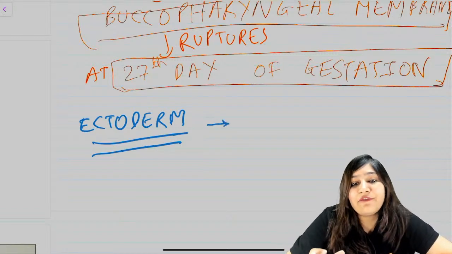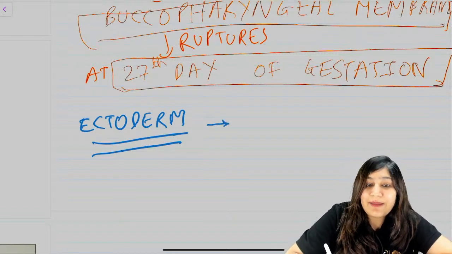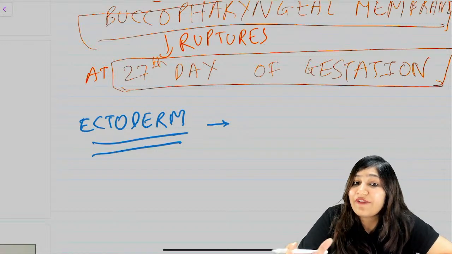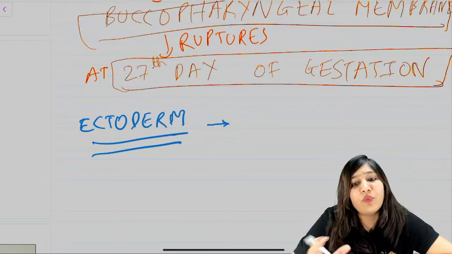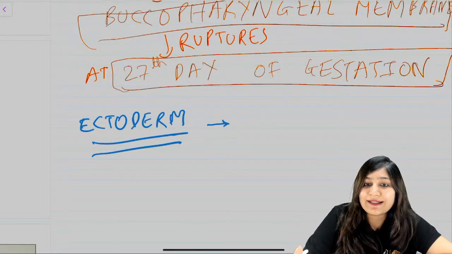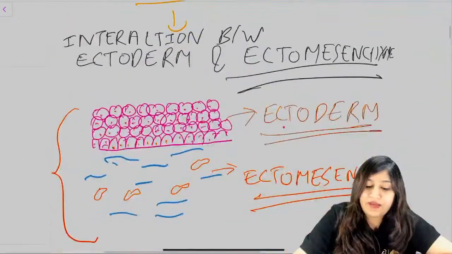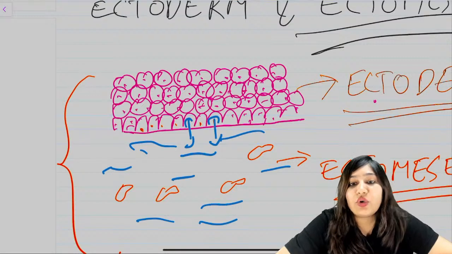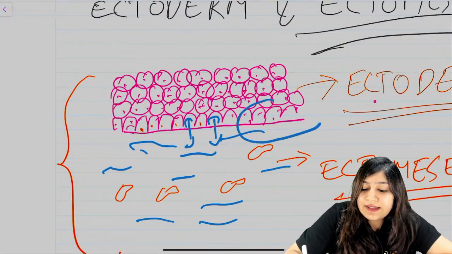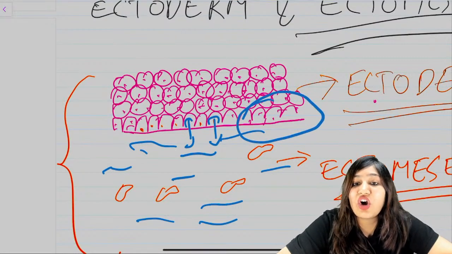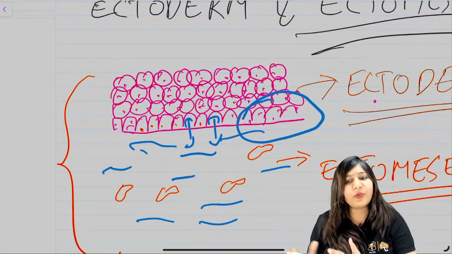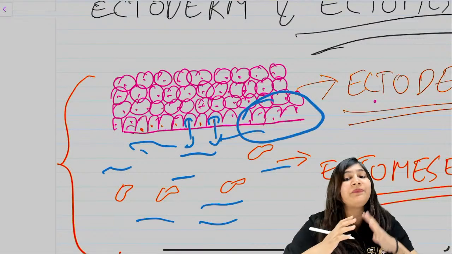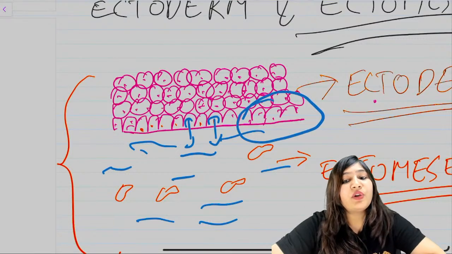After receiving signal from the ectomesenchyme, at about 6 weeks, certain cells of this ectoderm layer proliferate more rapidly than their adjacent cells, right? Here we can see. Now interaction begins between the ectoderm and the ectomesenchyme. These basal cells of the oral ectoderm proliferate more rapidly once contact is established between the ectoderm and the ectomesenchyme.